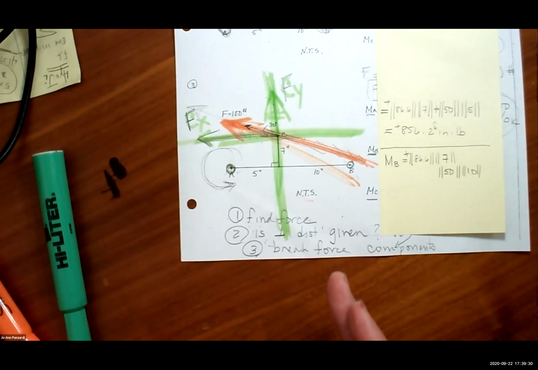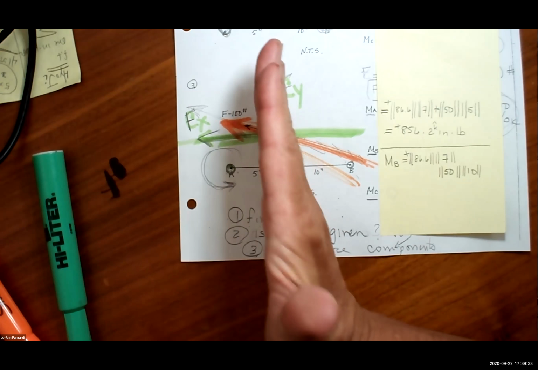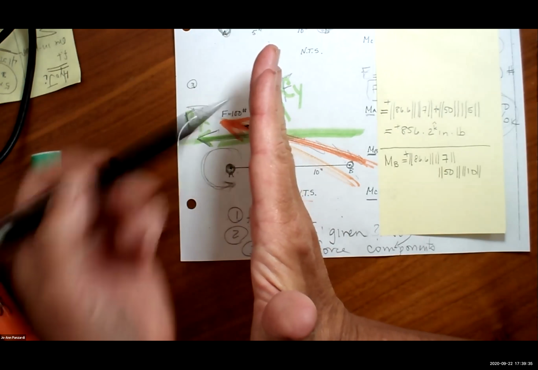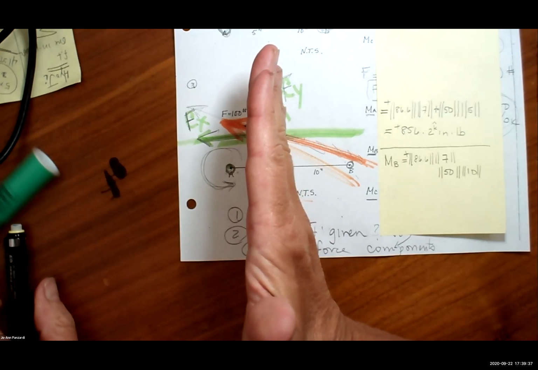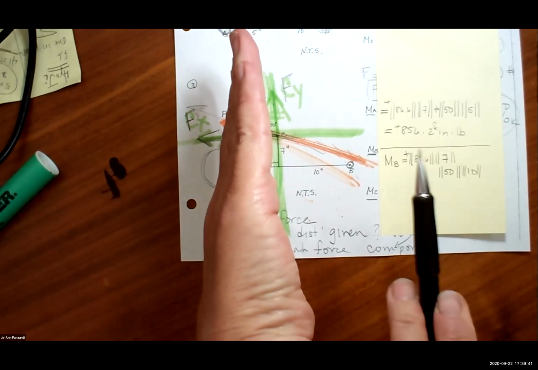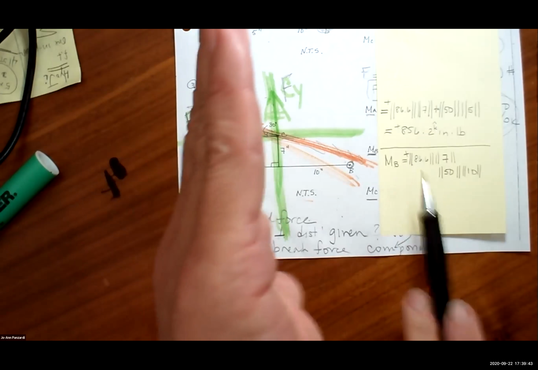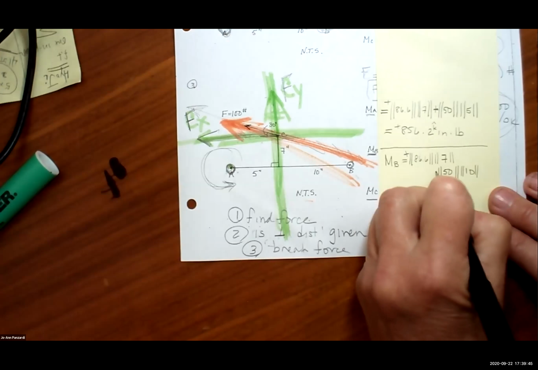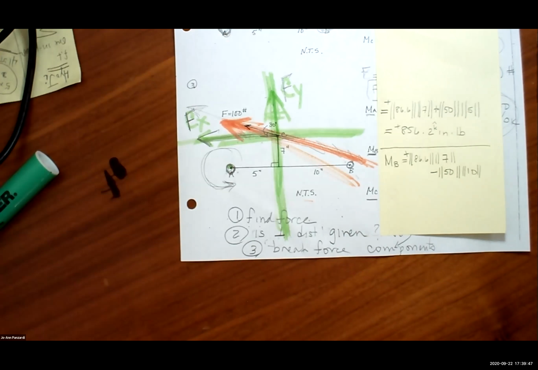Look, eyes on my fingers. Fingers go in the direction of the force. My palm has to point to the point I'm finding the moment about. Here's B over here. My thumb is going into the page. It's negative. So everybody do that. Fingers go in the direction of the force. Palm goes towards the point I'm finding my moment about, and I get a negative.